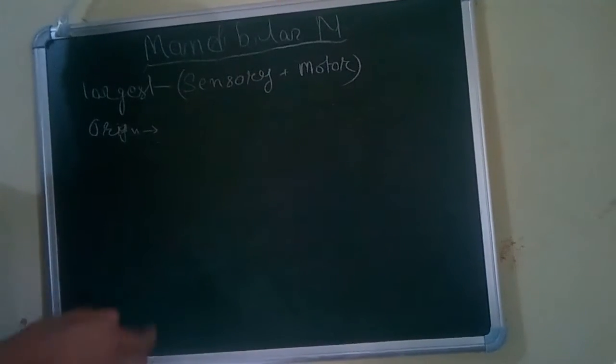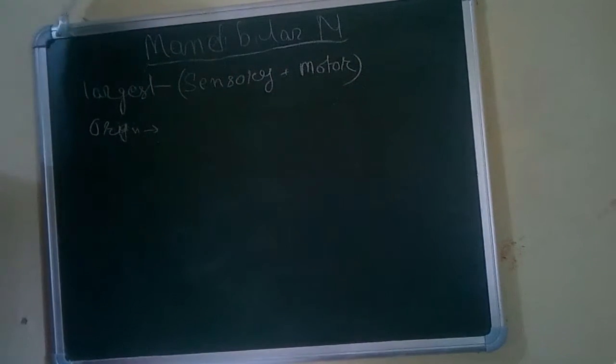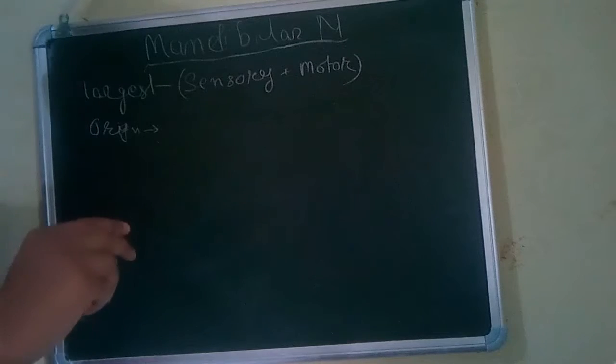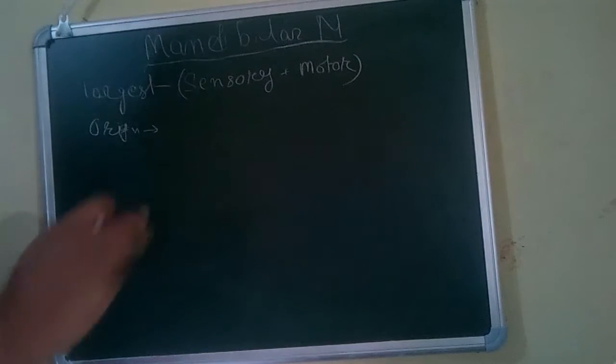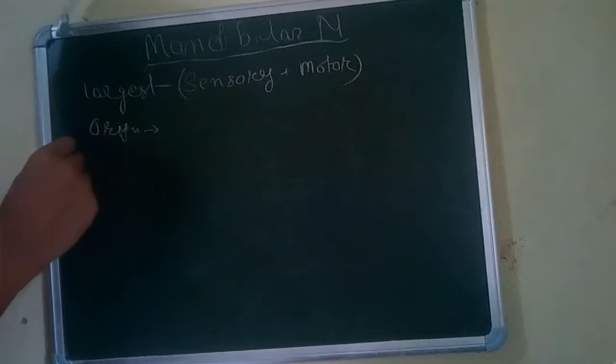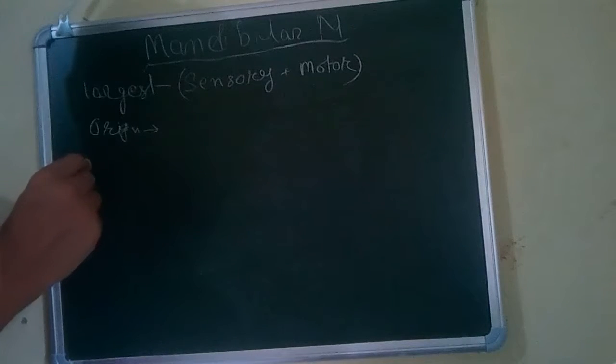Origin of the mandibular nerve: it is formed by two roots. Number one is the larger sensory root, and number two is the small motor root.